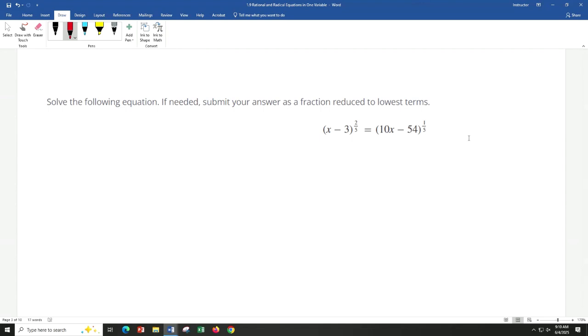That one looks a lot nicer to solve whenever you put it in the form, right? Because don't you actually have the 5th root of x minus 3 squared is equal to the 5th root of 10x minus 54? Basically, raise everything to the power of what? 5. FOIL, solve. See? If I'd shown you that on day 1 of intermediate algebra, I wouldn't be having you right now. Okay. All righty, let's jump into 2.1.